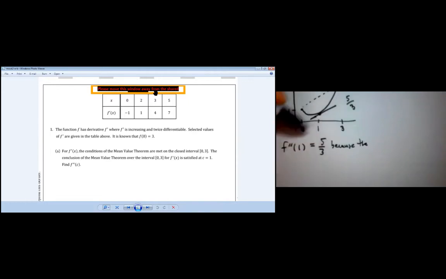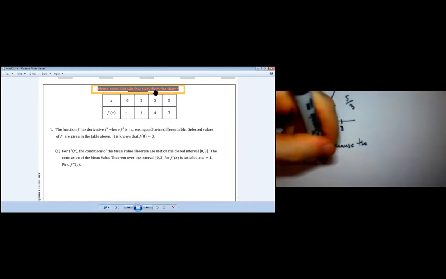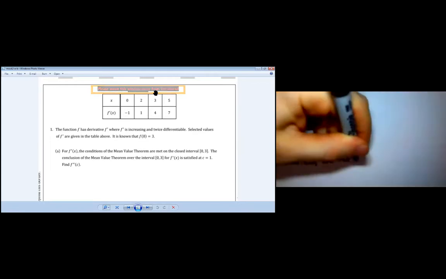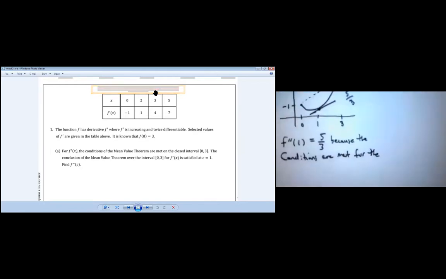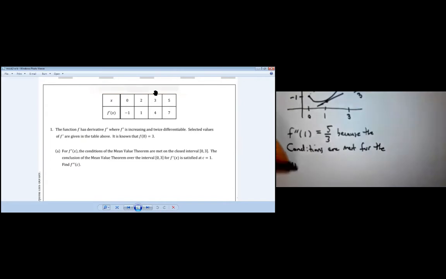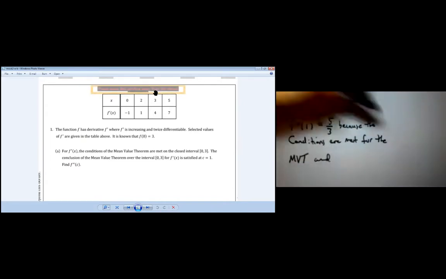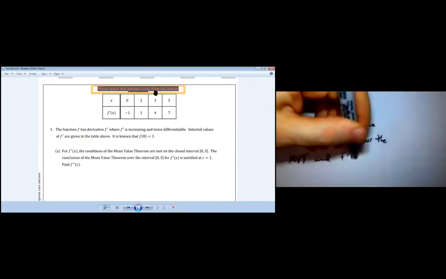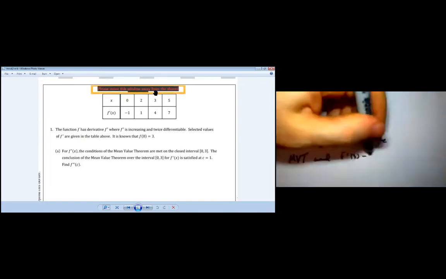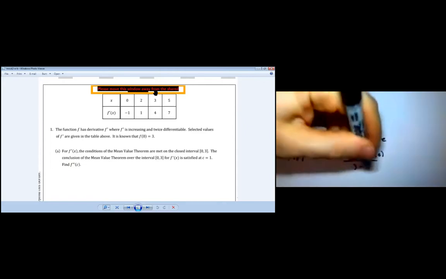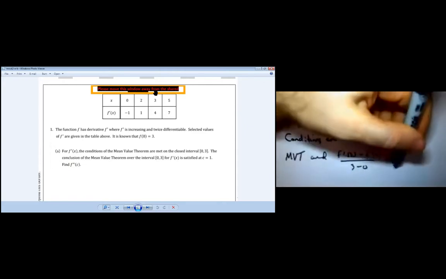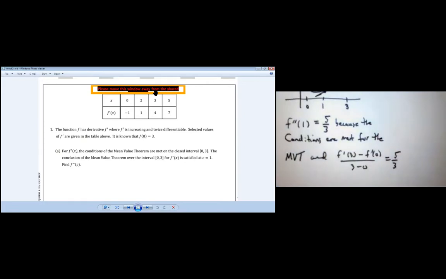But I think in this case, you could say because the conditions are met for the MVT, and what do we know then? F prime of 3 minus F prime of 0 over 3 minus 0 is equal to 5/3.